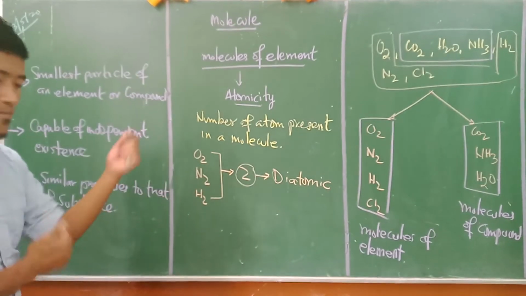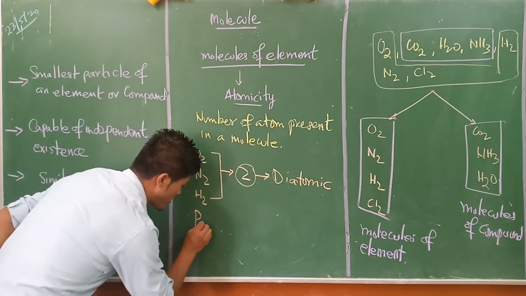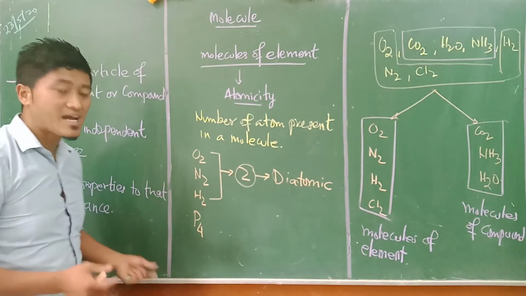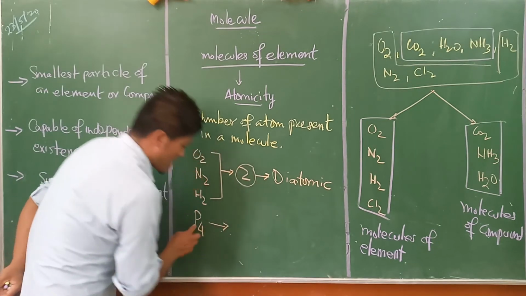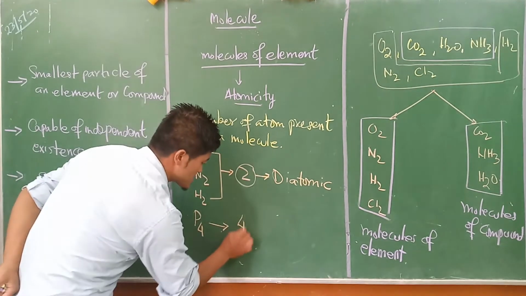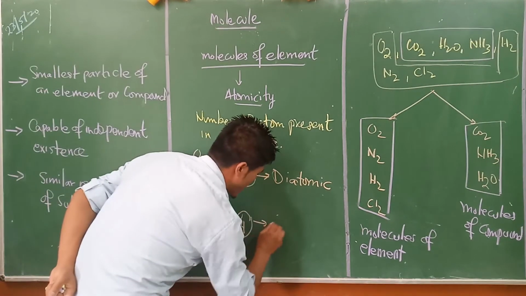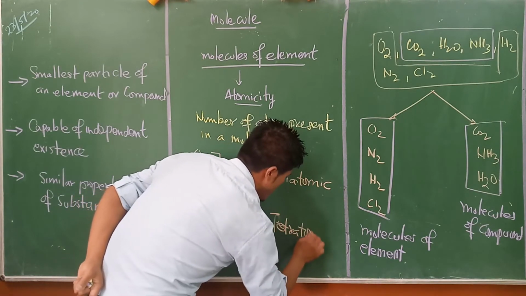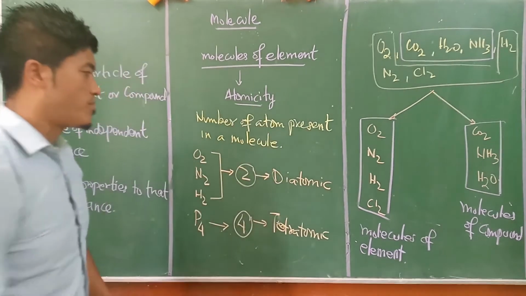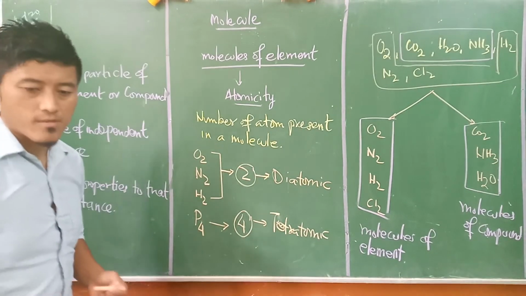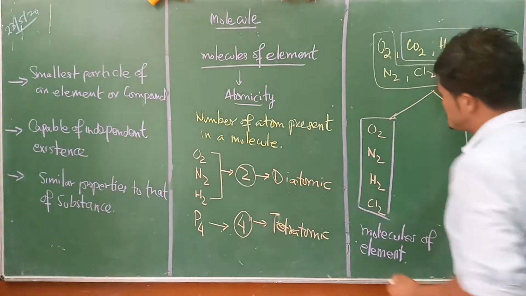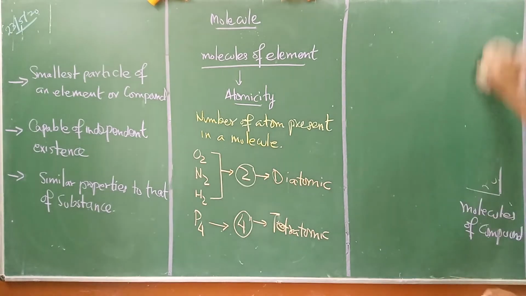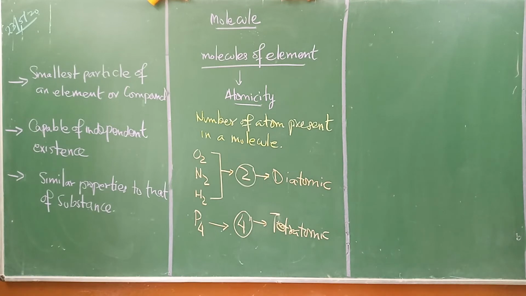Okay, is that clear? Now there are some other elements like phosphorus, which can exist in the form of P4, where there is an involvement of 4 different atoms. So the atomicity is 4, and they are referred to as tetraatomic. Now imagine talking in terms of sulfur.